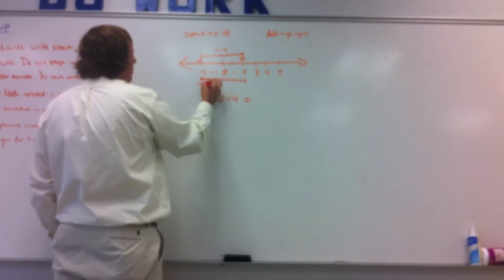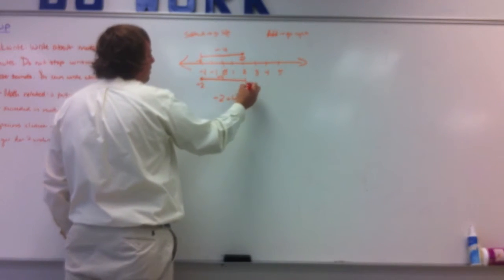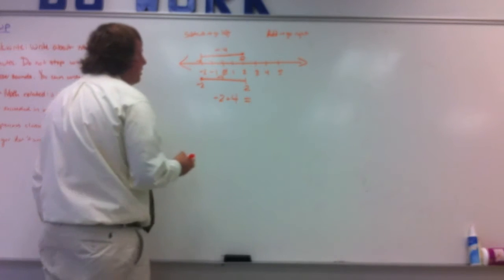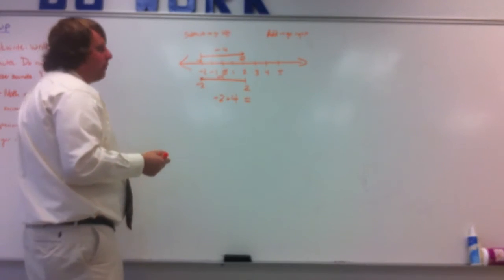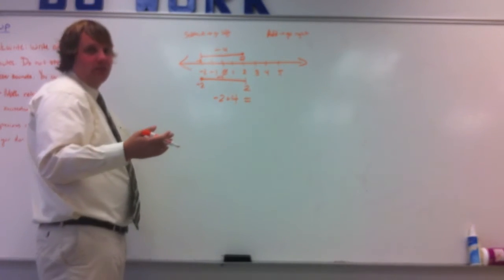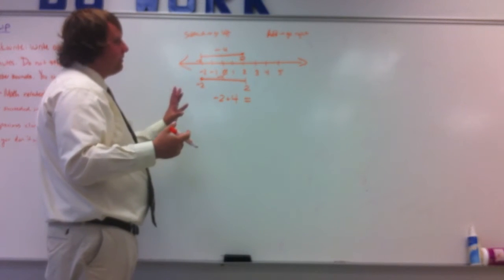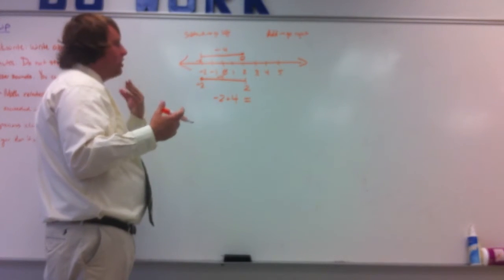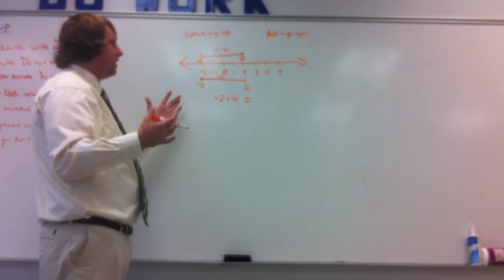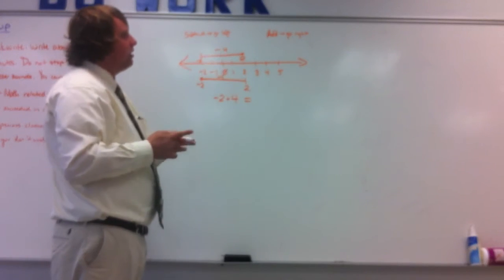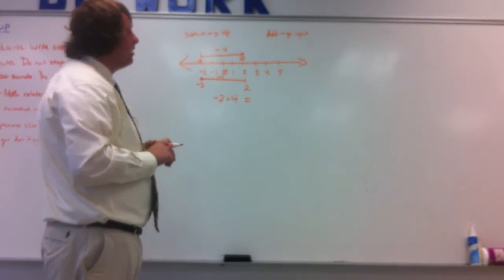Negative 2 plus 4 equals 2. So, it's pretty basic. It's pretty easy. All your addition and subtractions work exactly like this. Just remember, when you subtract, go left. When you add, go right.